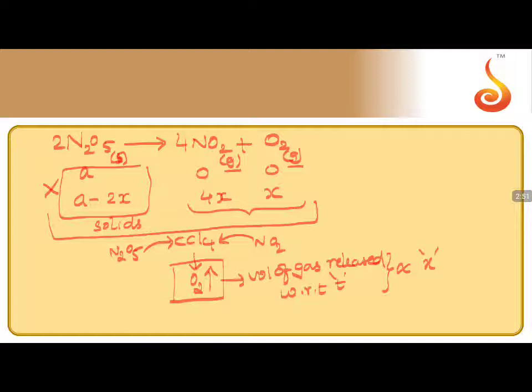Using this, we are going to find the value. At time t equals 0, the volume of oxygen is 0, so V naught does not exist.